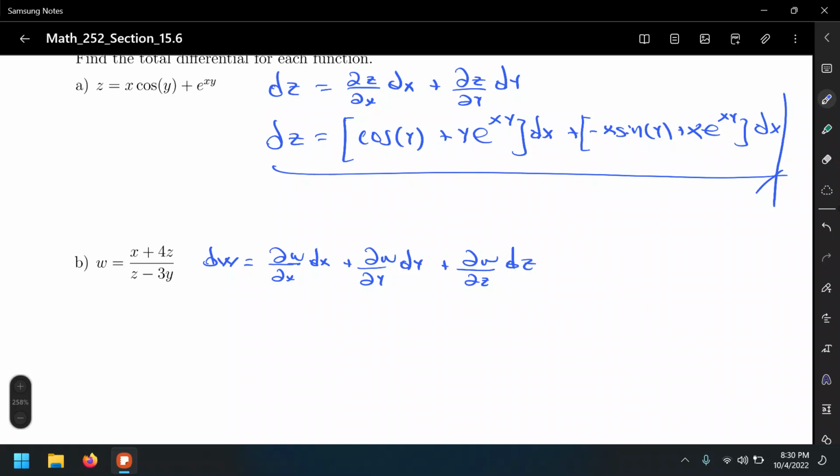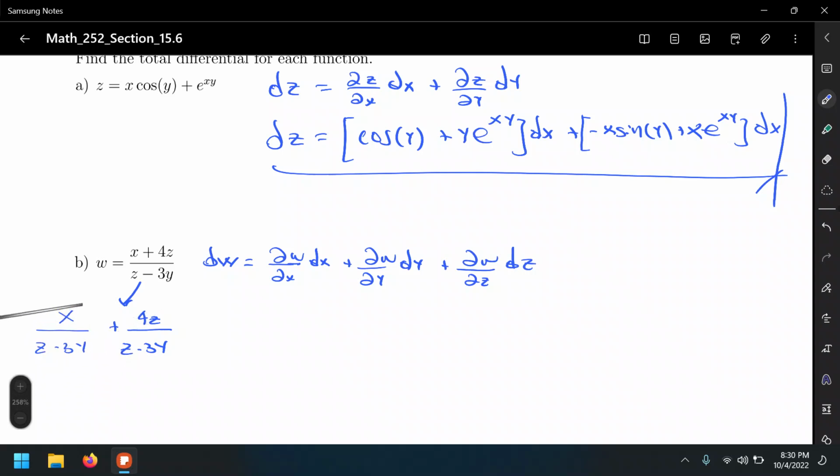Well, the derivative with respect to x, what's the derivative of x in this case? Isn't it just 1? Now think of the following. Let's split it into x over z minus 3y plus 4z over z minus 3y. The derivative of this second term will go to 0 because there's no x at all; it's going to be constant.